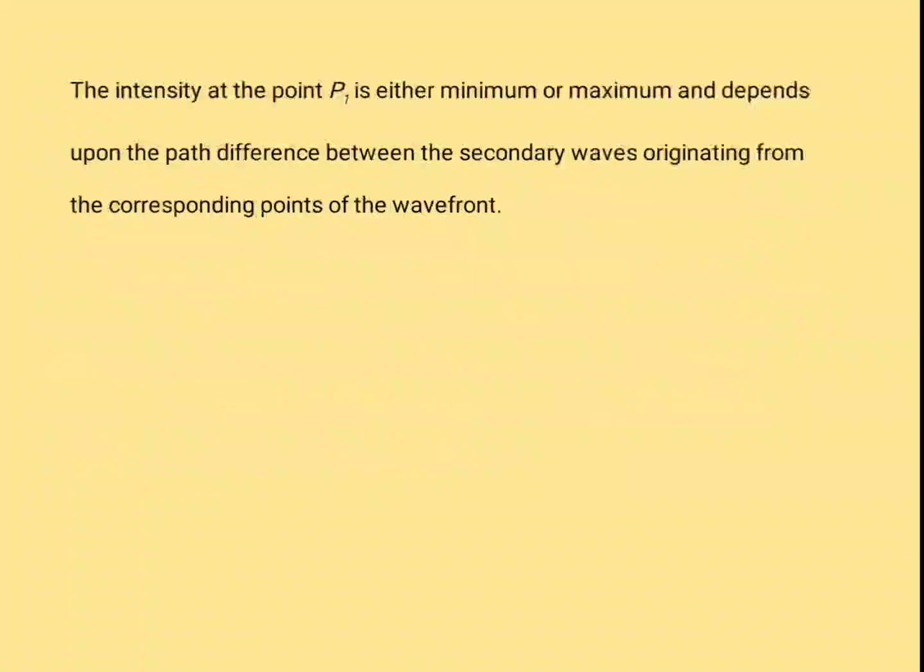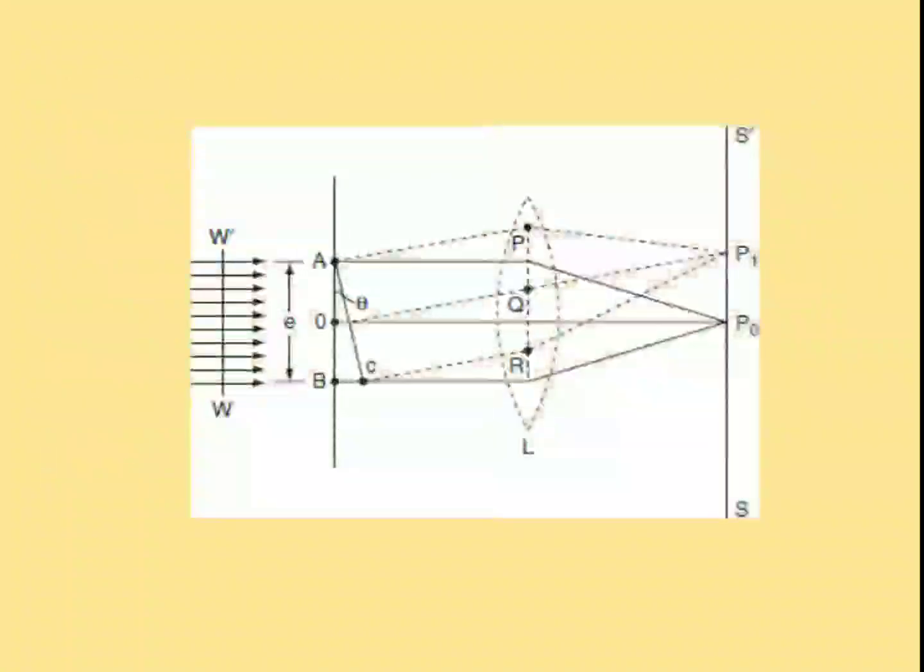When you observe the figure, the lines which meet at point P0 have no path difference. The secondary wavelets from AB which are brought to focus at P0 have no path difference. Thus the intensity at P0 is very high and it is known as central maxima.